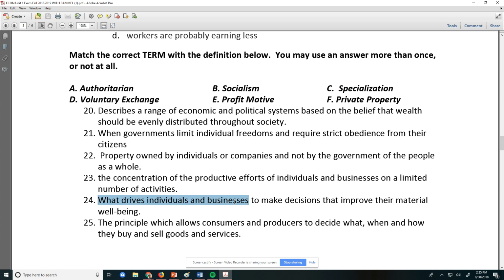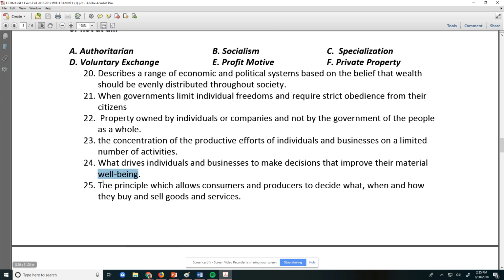What drives individuals and businesses to make decisions that improve their material well-being. And 25. The principle which allows consumers and producers to decide what, when, and how they buy and sell goods and services.